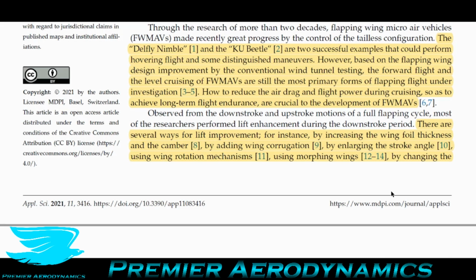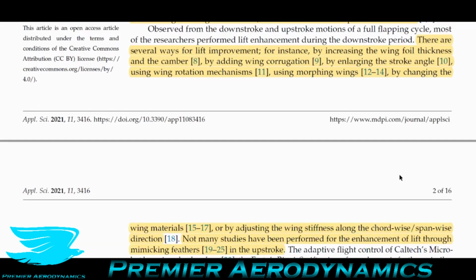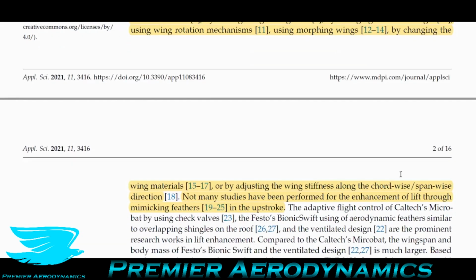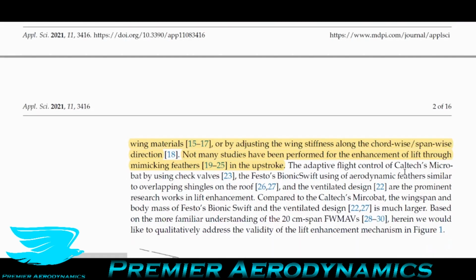You can enlarge the stroke angle using wing rotation mechanisms, so the wing rotates and follows a different path on the upstroke than the downstroke. You can use morphing wings, so on the upstroke the wing is a different shape than on the downstroke, which changes the amount of lift it produces and can be less lift, so the net result is an increase in lift. And also by changing the wing materials or adjusting the wing stiffness along the chord-wise or span-wise directions. But not many studies have been performed to enhance lift by mimicking feathers in the upstroke.